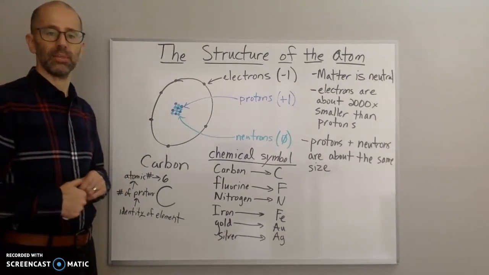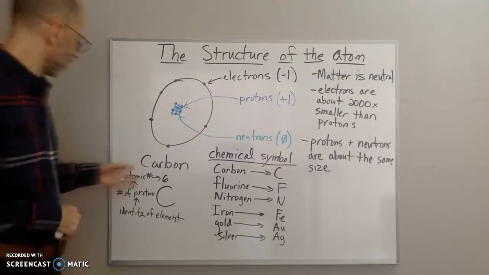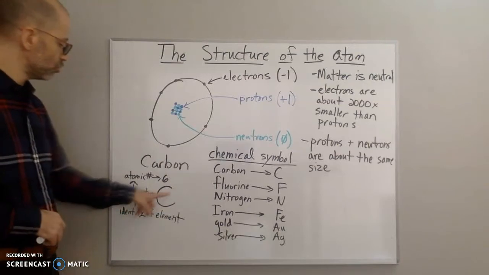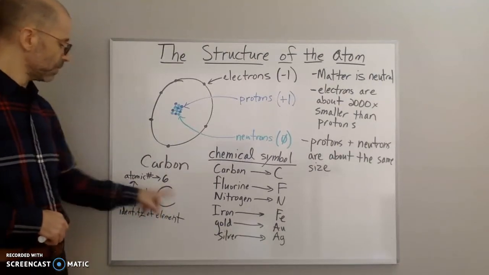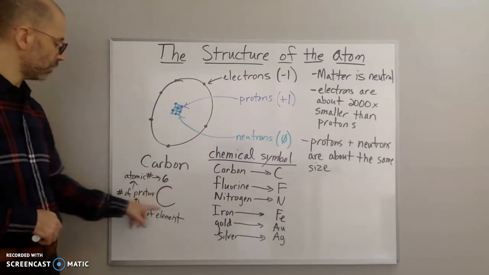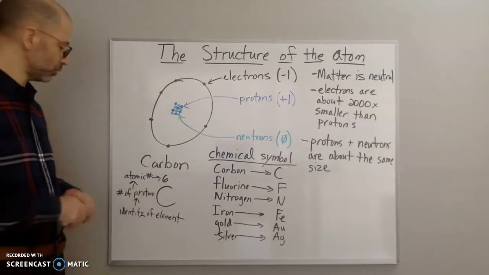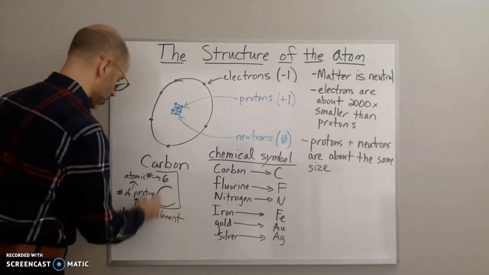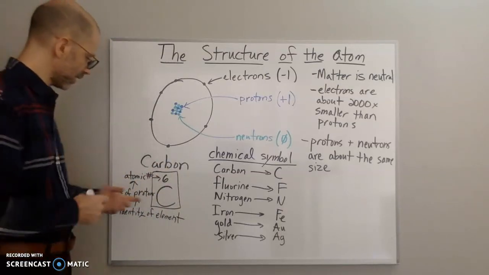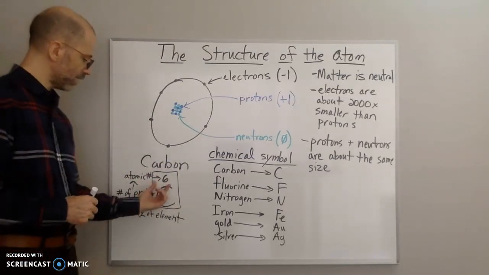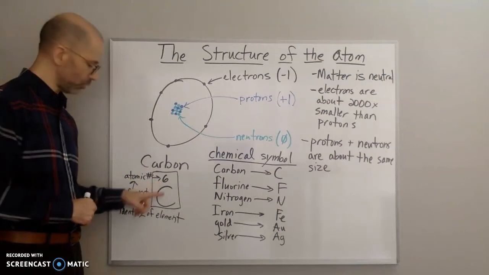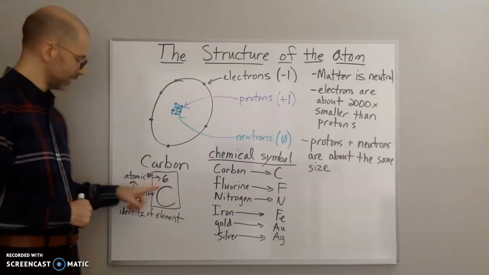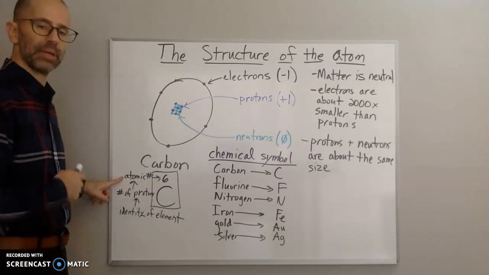So if you know the number of protons, then you should be able to identify what the element is. If we draw the symbol for carbon, usually you have the symbol C for carbon here on your periodic table. So if this was like a square, on the periodic table you'd have above the symbol, which is C for carbon, a 6, and that 6 is called the atomic number.